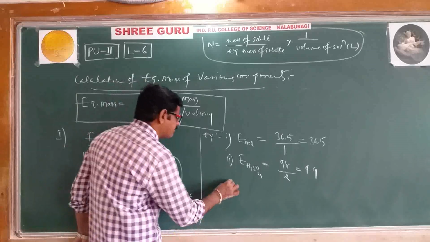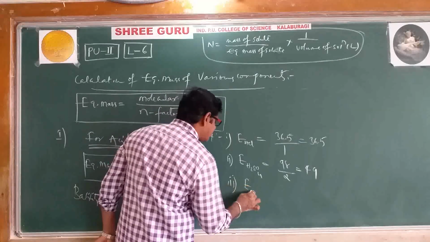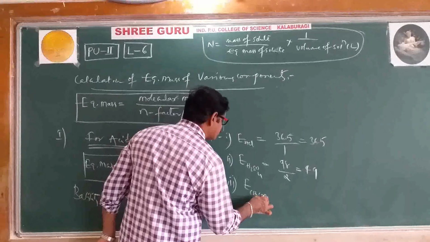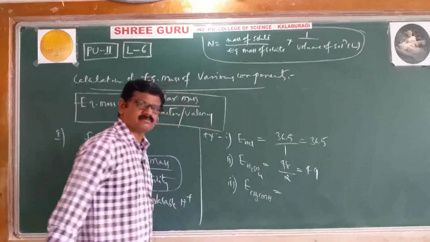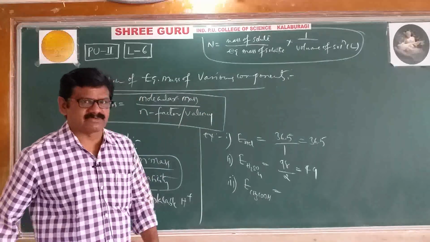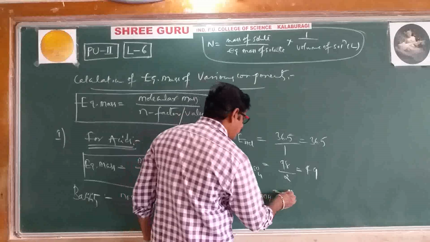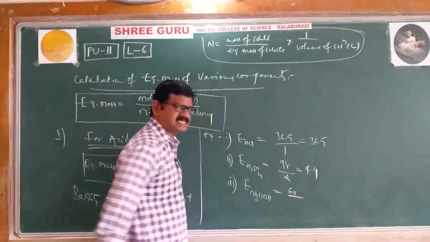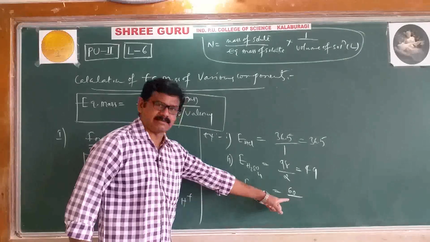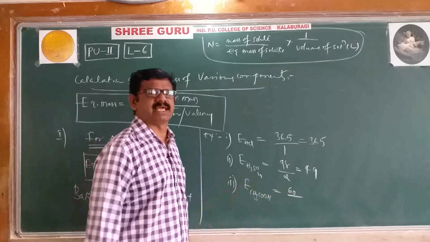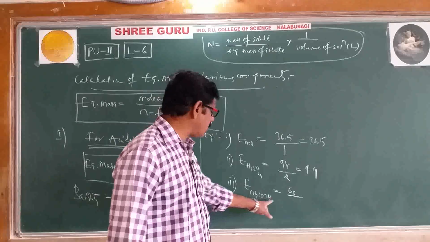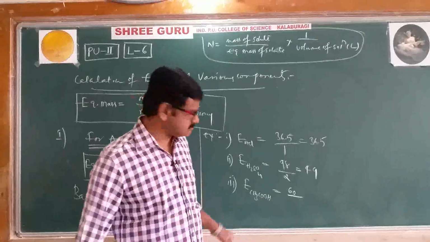Next, one more example. Equivalent mass of CH3COOH, acetic acid. Acetic acid molar mass is 60. Then divided by basicity, the number of displaceable hydrogens. Of course, total how many hydrogens are there? 4, 3 plus 1.